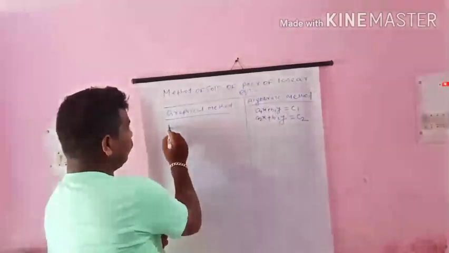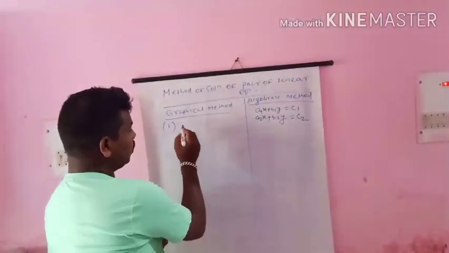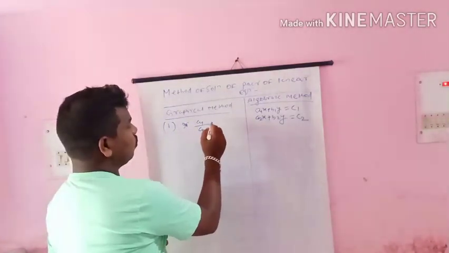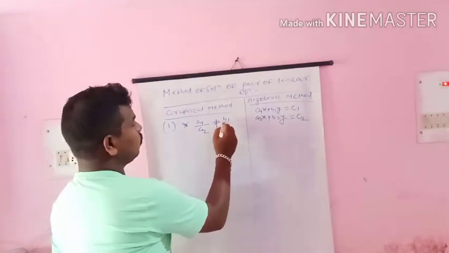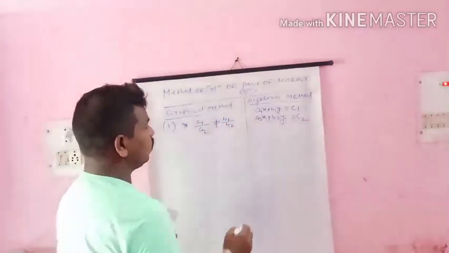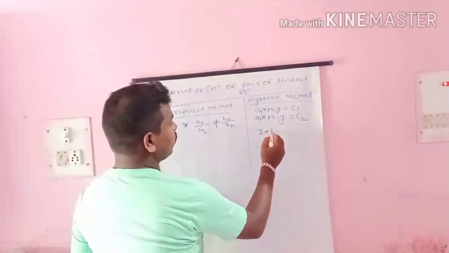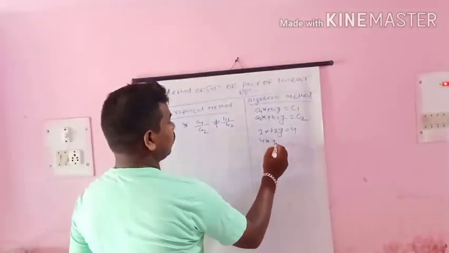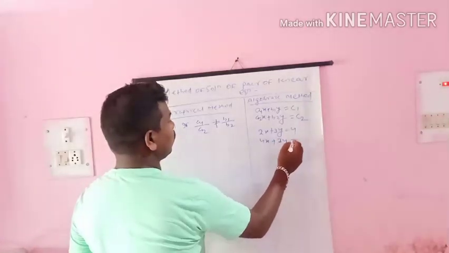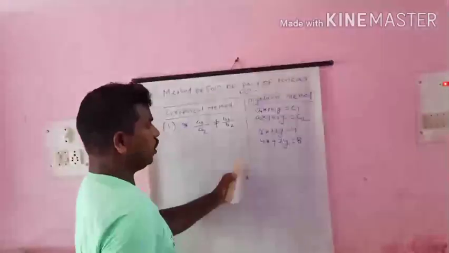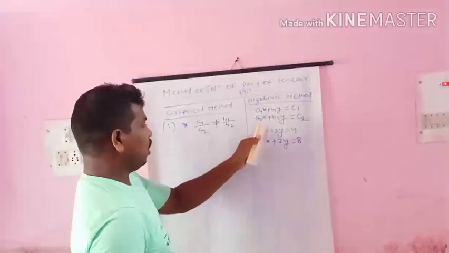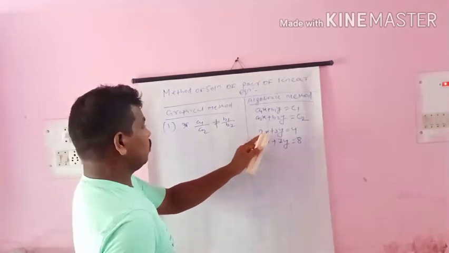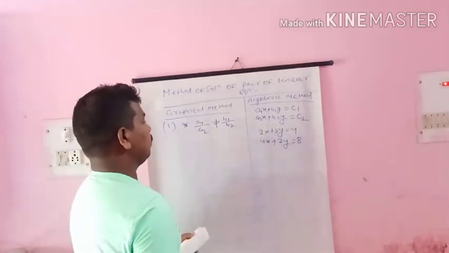So the first condition is if a1 by a2 is not equal to b1 by b2. Suppose you take any two equations, 2x plus 3y equal to 4, 4x plus 7y equal to 8. We have to check which type of solution these will give.